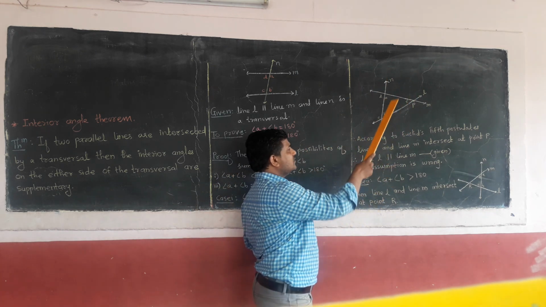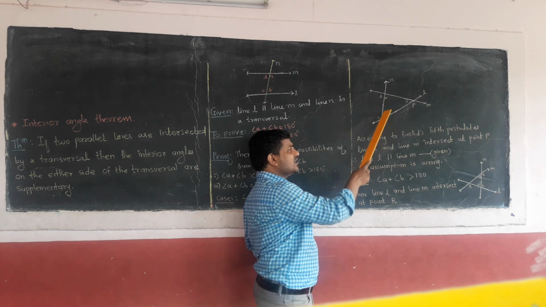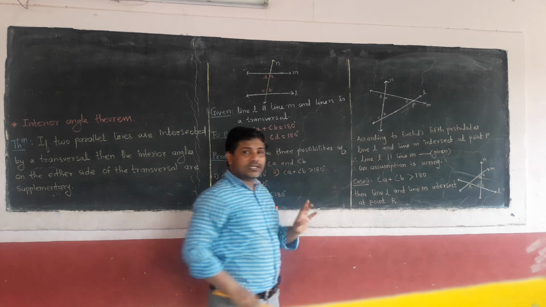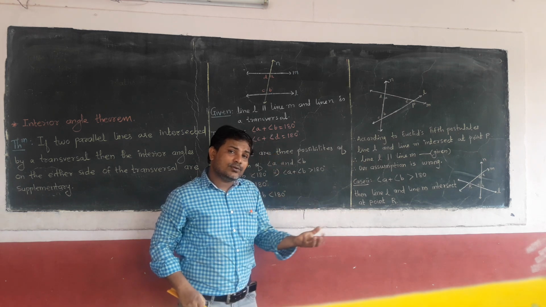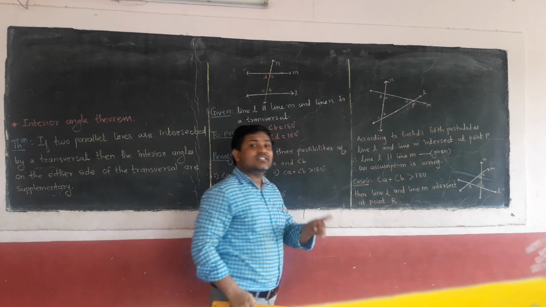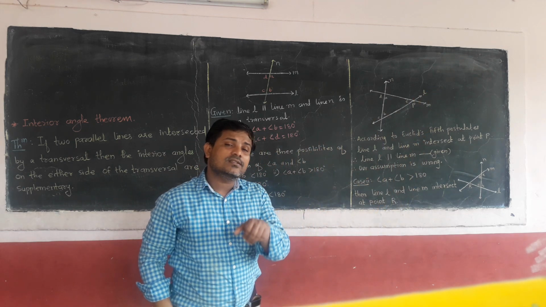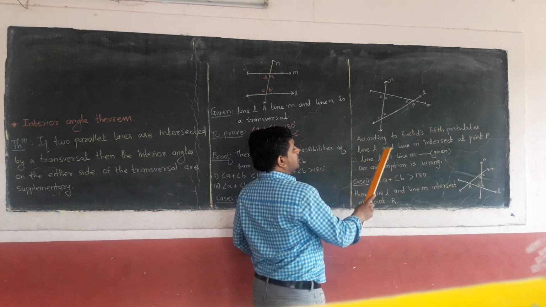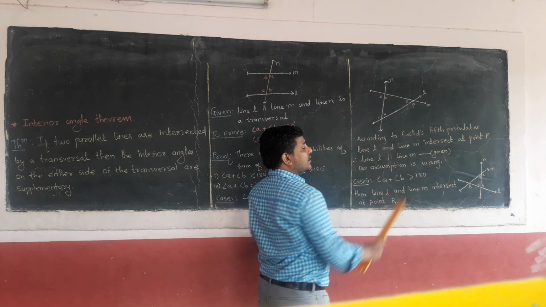तो अगर इनका एडिशन लेस देन 180 है, इसका मतलब ये दोनों एंगल्स क्या हो गए? एक्यूट एंगल्स. If these angles are acute angles, then automatically these line L and line M will intersect each other. And if these lines are intersecting, then what we can say is that line L and line M are not parallel.